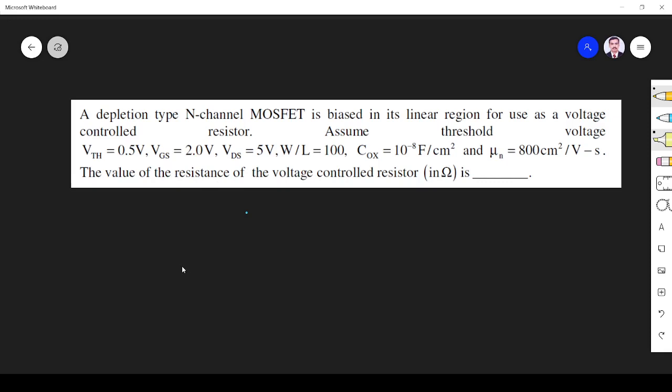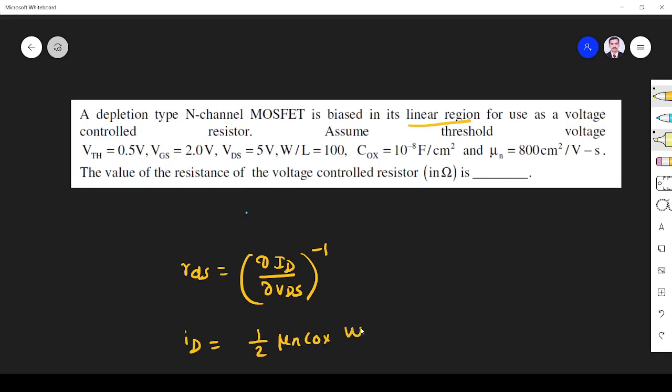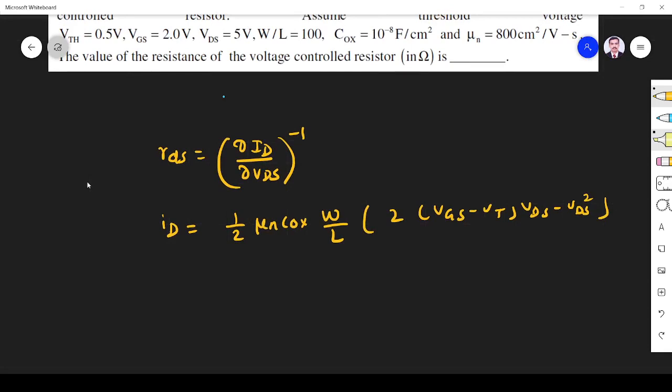The voltage control resistor RDS is given by the inverse of dou ID by dou VDS. The MOSFET is in the linear region. In the linear region, ID is given by 1 by 2 mu N COX W by L times (2 (VGS minus VT) VDS minus VDS square). Now we have to differentiate, dou ID by dou VDS, inverse.